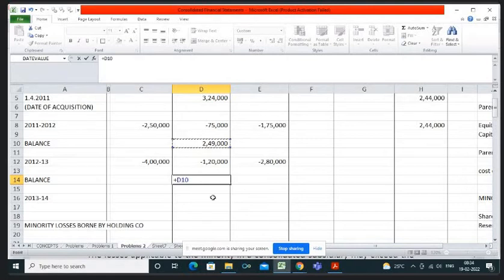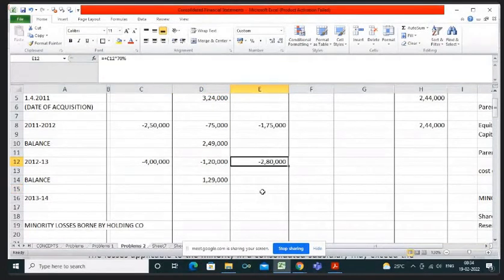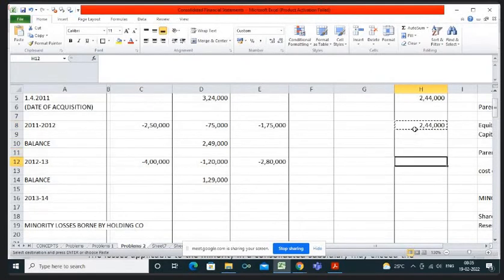Opening balance of minority interest 2,49,000 plus current year loss of 1,20,000 will become 1,29,000. 2,80,000 loss will be consolidated with the profit of holding company. Then how much is the cost of control? It will not change. 2,44,000.